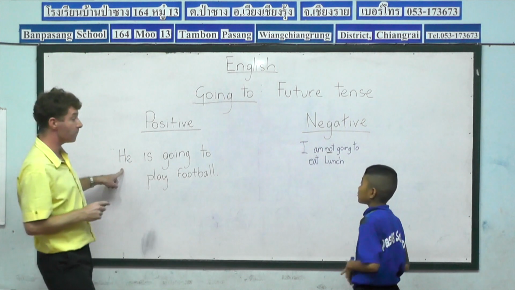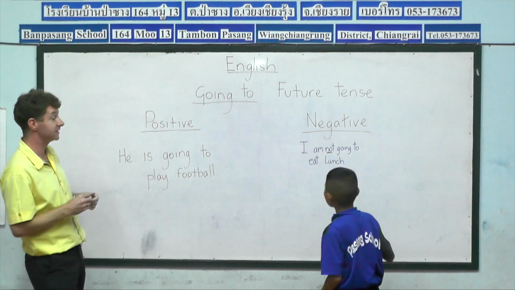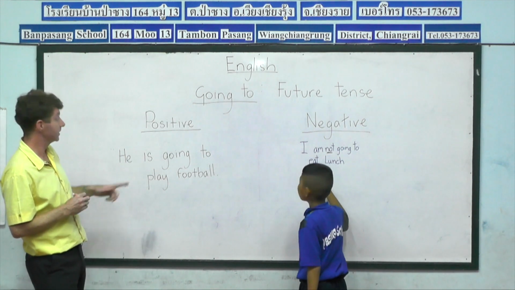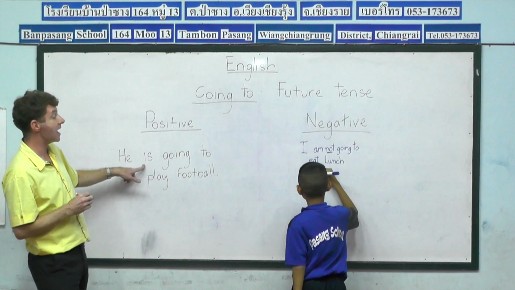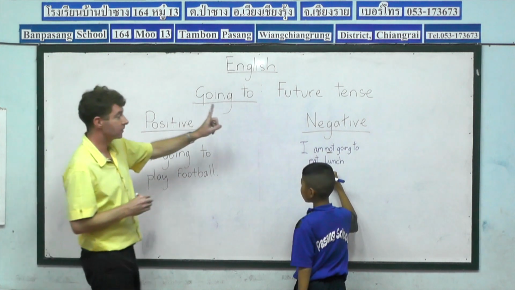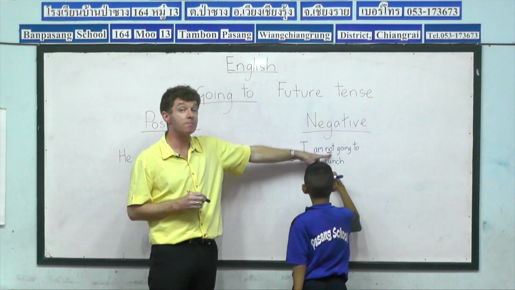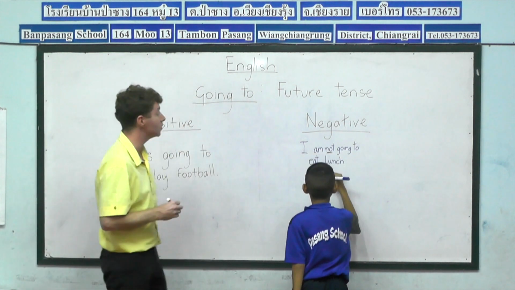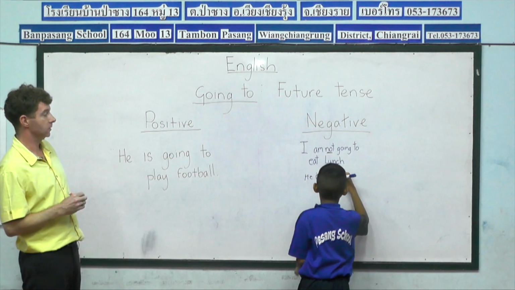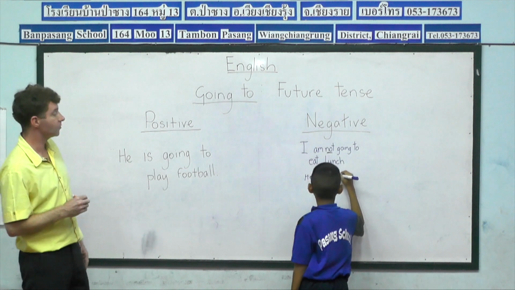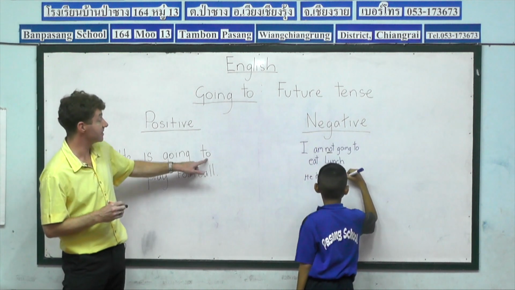So first of all, Bangpon, he is. H-E is I-S. Now we need to remember for the negative, we write not. Going to, NG, excellent, and then T-O.